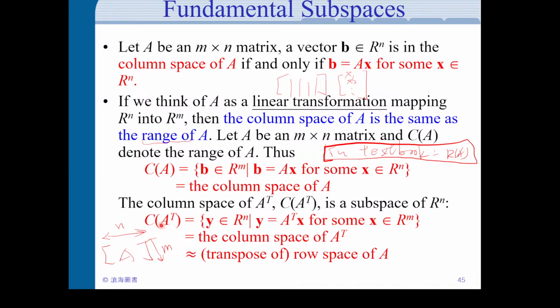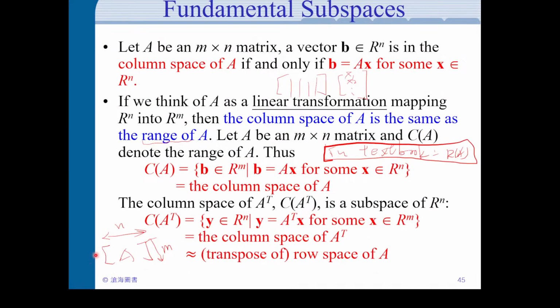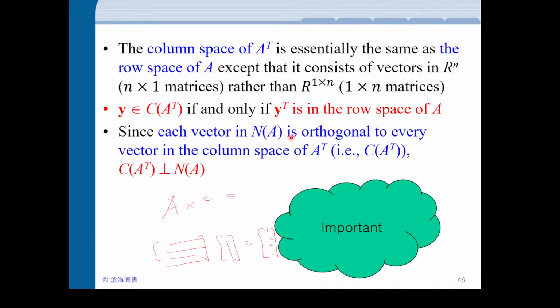So we have a lot of transposes around to make a row space from row vectors into column vectors. But we already know the column space and row space, the linear combination of rows and the linear combination of columns. We learned that in chapter 3, before the midterm.